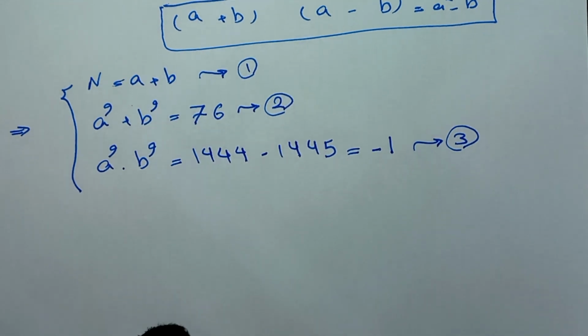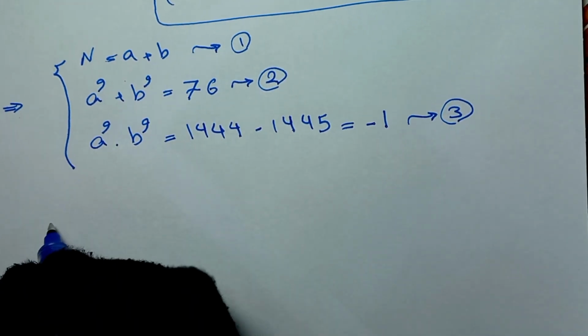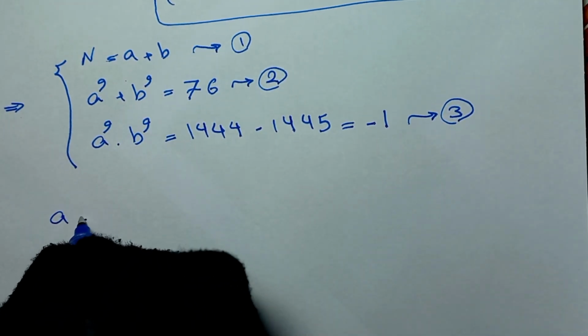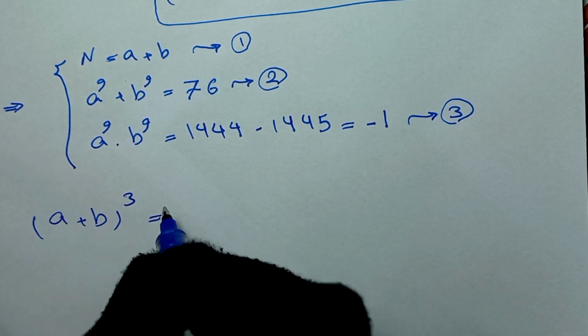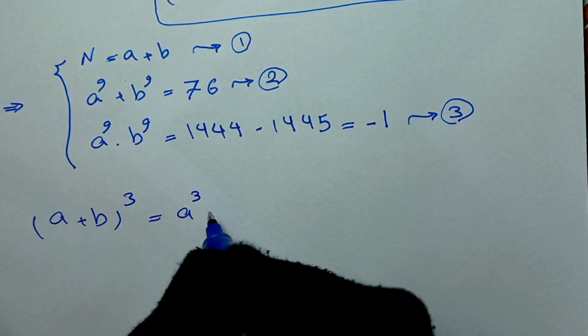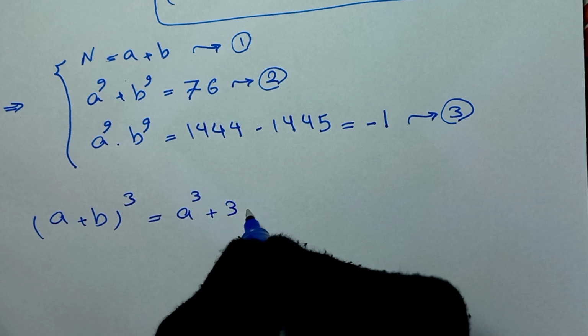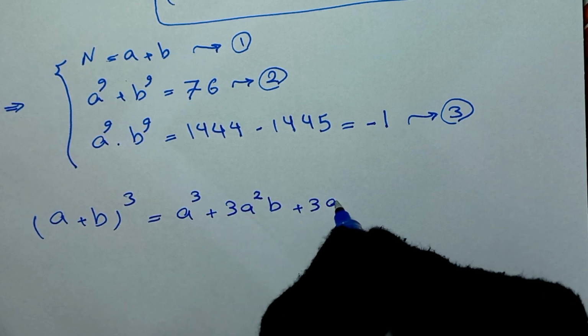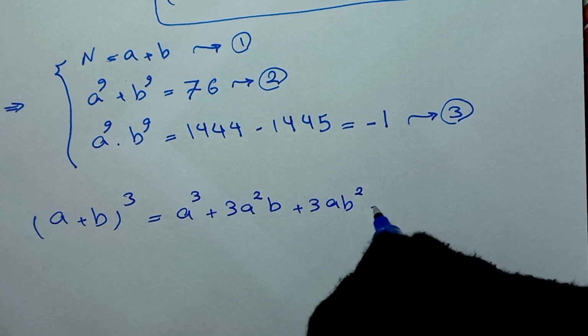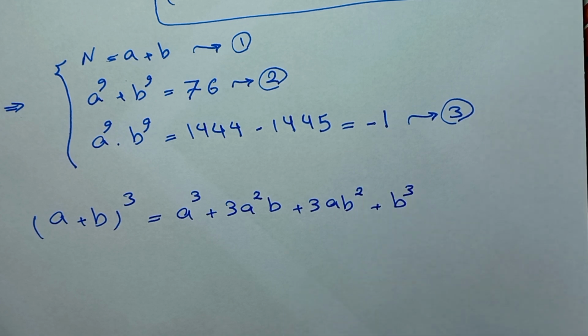And in the next step, as you know, if we have a plus b to the power of 3, this is equal to a cube plus 3a square b plus 3ab square and plus b cube, right?